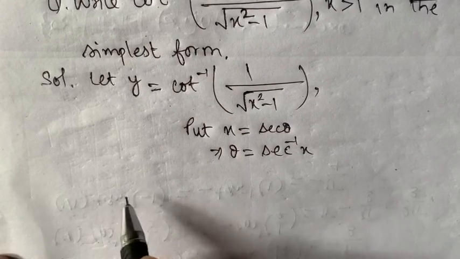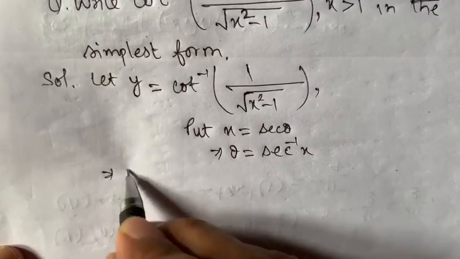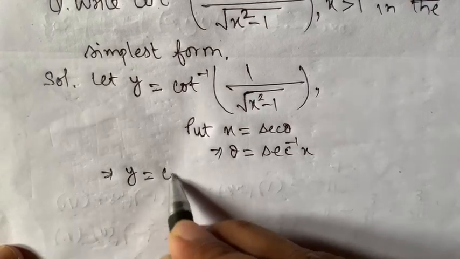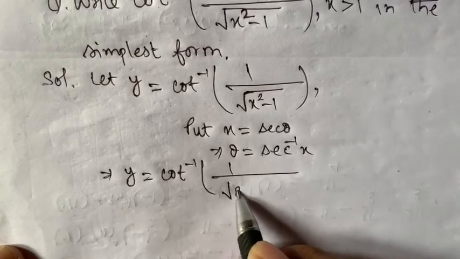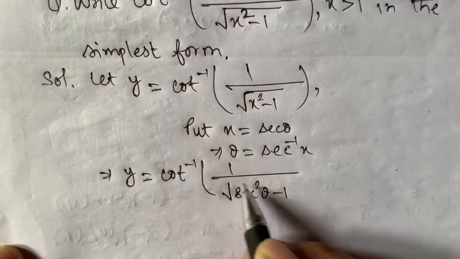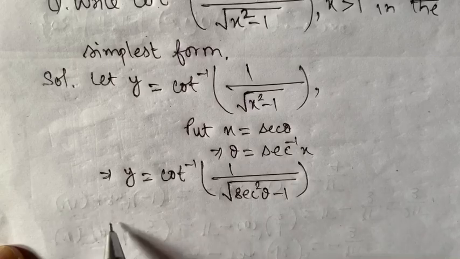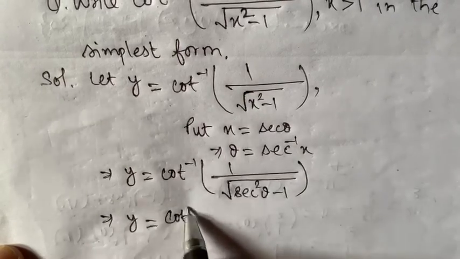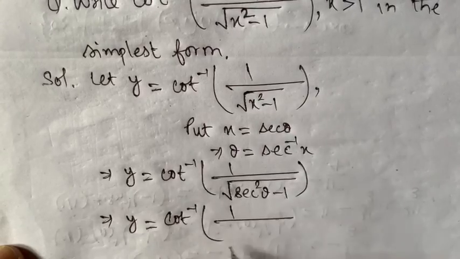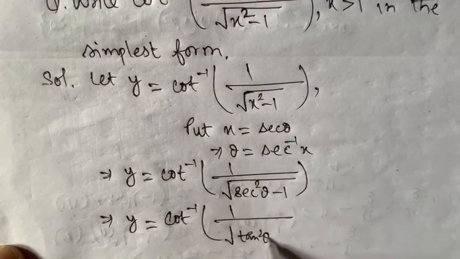And now we have y is equal to cot inverse of 1 upon root under of sec square theta minus 1. And what is sec square theta minus 1? It is tan square theta. So we have root under of tan square theta.